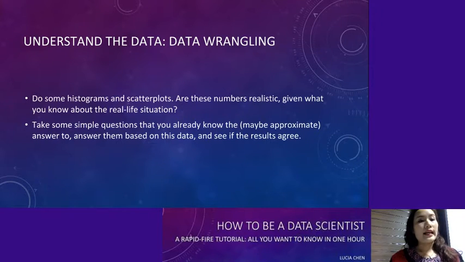This is what you know about a real life situation. Then when you explore the data, you need to see whether these numbers are realistic or there could be bugs in your survey website again. Take some simple questions that you already know the answer to, answer them based on this data and see if the results agree.